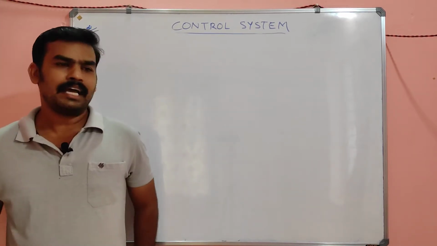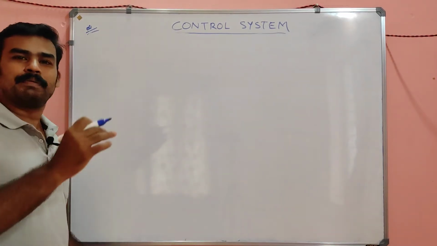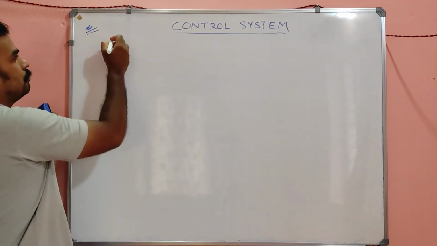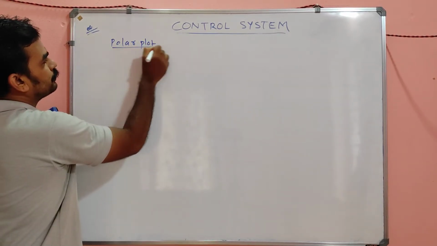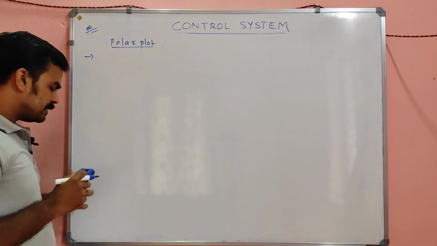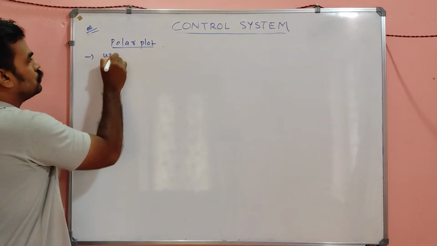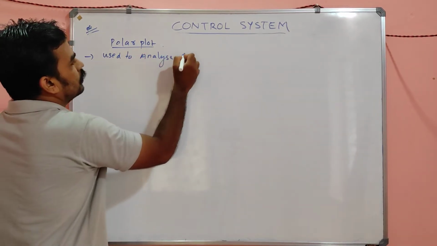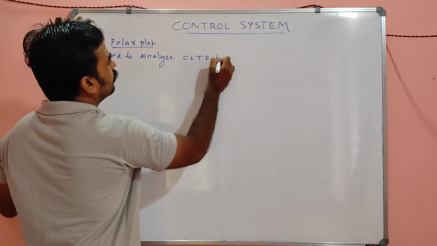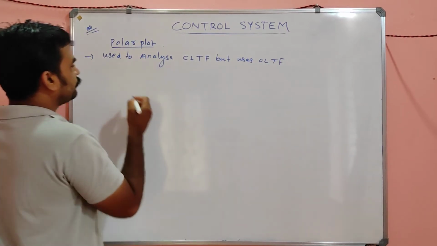Since it is not in your syllabus, we will go to the topics which are in your syllabus, which is nothing but polar plot. So polar plot, my dear, is a plot used to analyze the closed loop transfer function, but it uses the open loop transfer function.